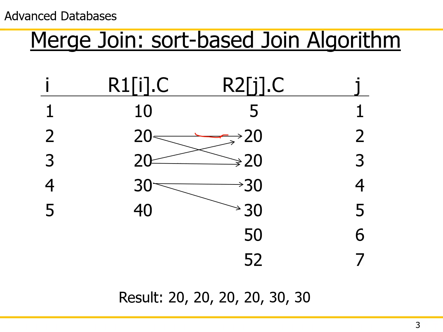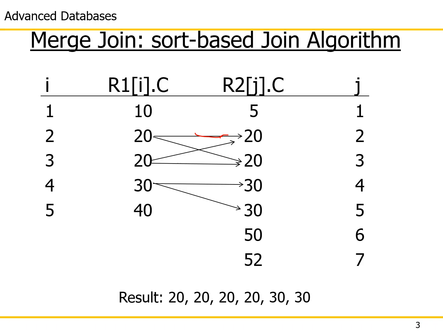But once I see the same value on both sides, when I is equal to 2 and j is equal to 2, I will see the 20 and the 20. What I'm going to do is I will look for other 20s that I can match with in R2.c. So I will advance the j down. I will find the second 20. So I will match the first 20 in R1.c with the second 20 in R2.c.